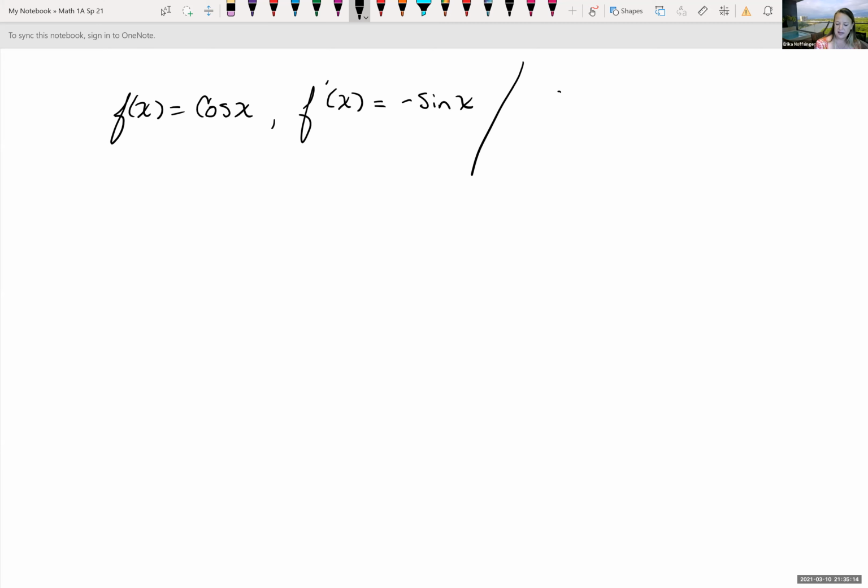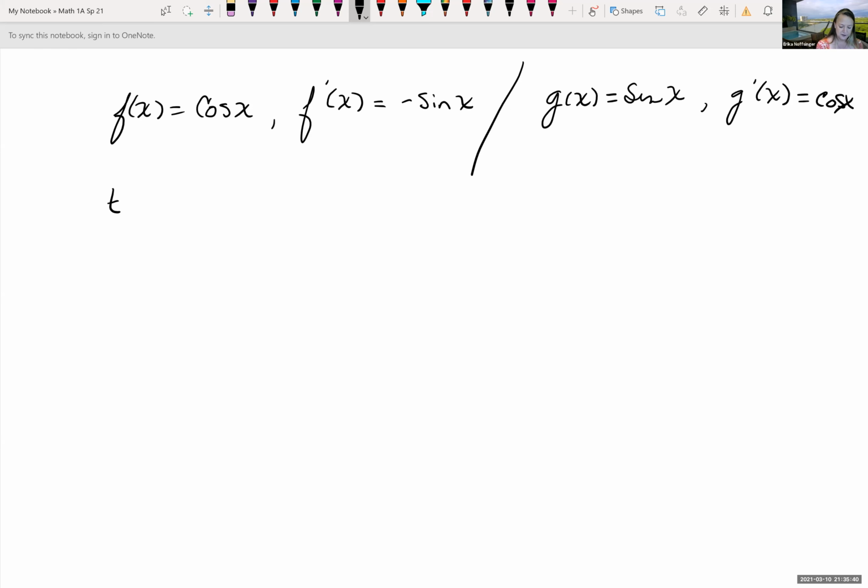And we saw that if our function g of x was equal to sine of x, the derivative of sine of x was equal to positive cosine of x. So we can use these rules now to derive all the other trigonometric functions by just using the quotient rule, because all the other trigonometric functions are in terms of sine and cosine.